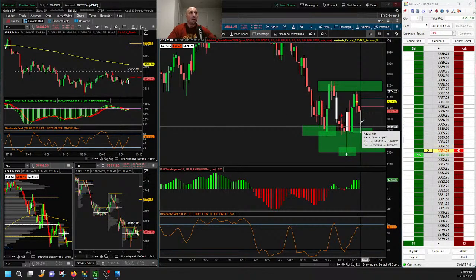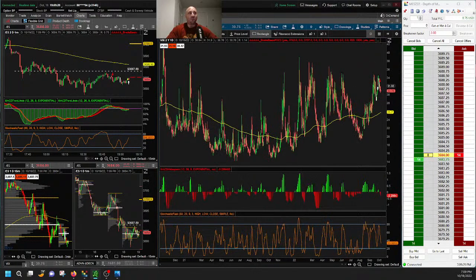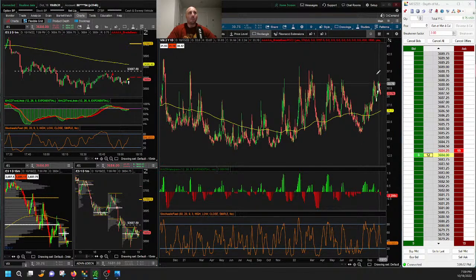Here's my problem. The VIX. This is where I have a problem. A huge 200-point rally and the VIX barely moved. There's something going on under the hood, and I've been doing this long enough. Now, could we break and fall lower?